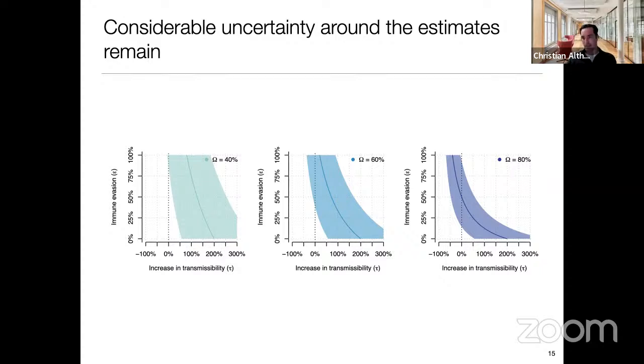These are basically the same graphs as before for the 3 different scenarios of a level of immunity of 40, 60, and 80% in the population. And that clearly shows that, of course, these results are still associated with a bit of uncertainty, but with time in the next days and weeks, we will certainly start to learn more about the potential increase in transmissibility and immune evasion of Omicron.